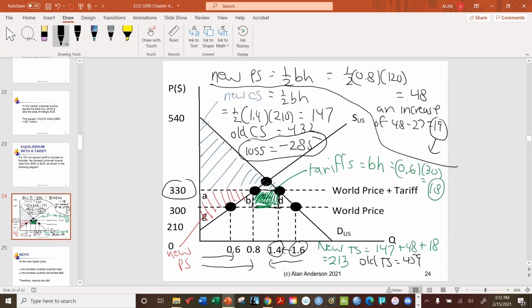That means our dead weight loss, which I'll put down here somewhere, because there's no room, is the difference between the two, which is minus $246. Okay. That's a lot of loss.